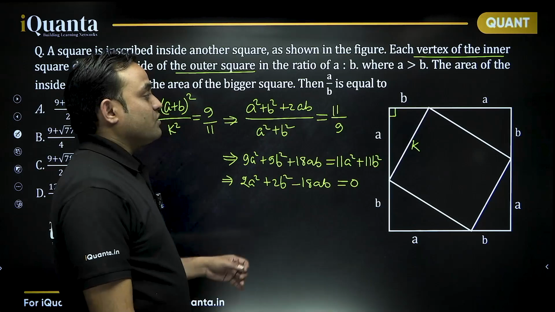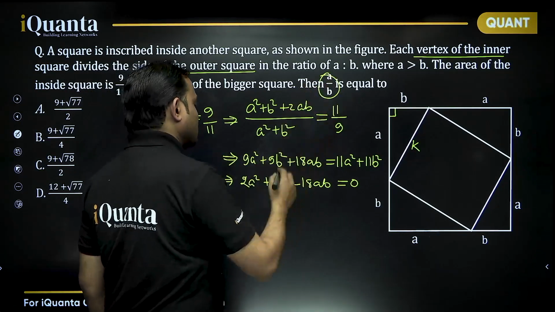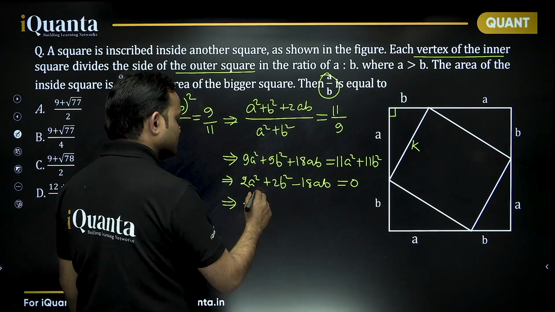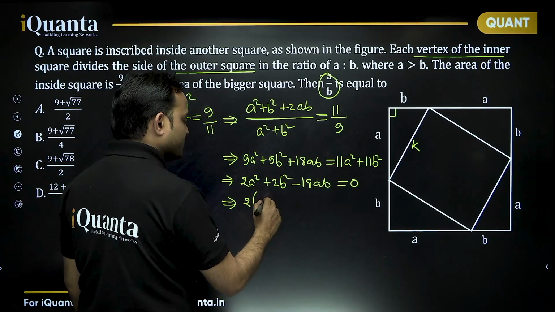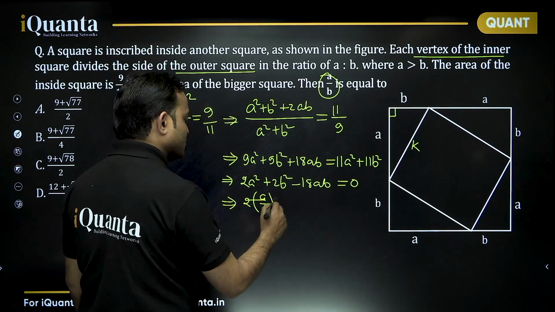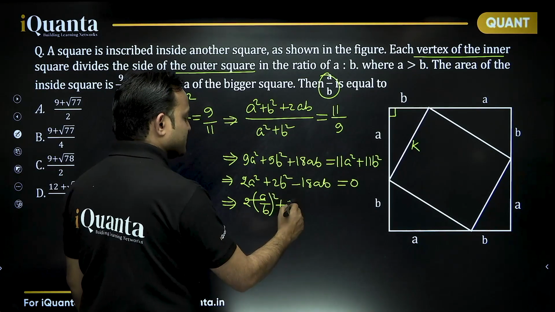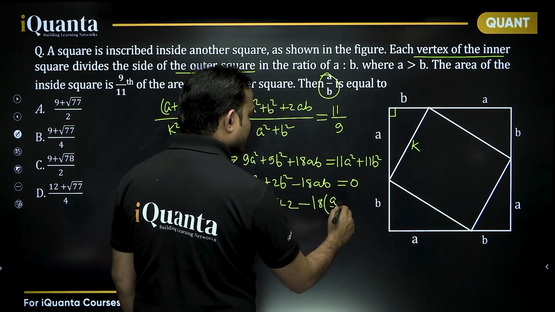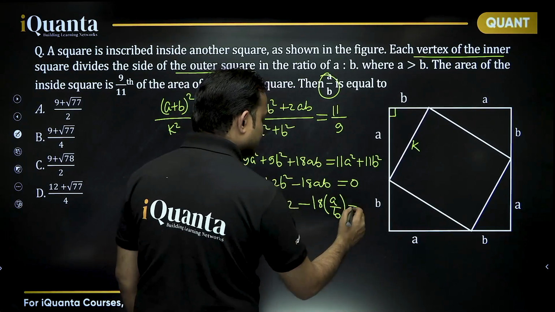Now, what do we want? We want a by b. So let's divide this whole expression by b square. We get 2 a square upon b square, which makes it 2 times (a by b) whole square, plus 2 minus 18 times a upon b is equal to 0.